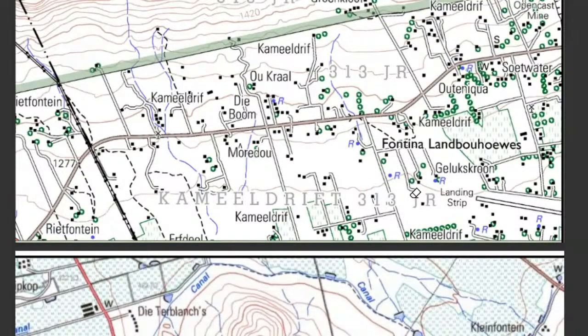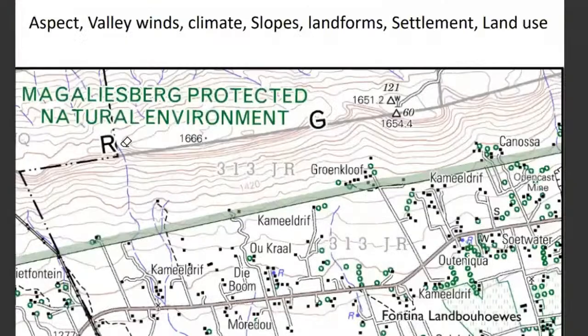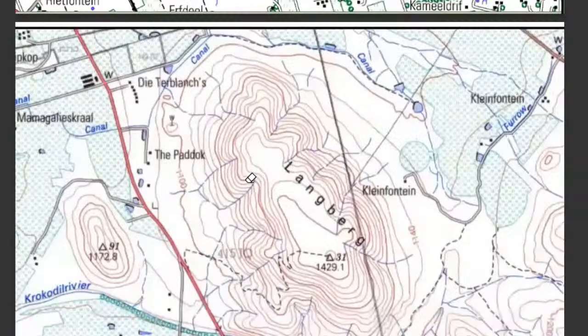When you look at this kind of map, and when you check somewhere here, you can see that the contour lines here are depicting that this part here is steeper than these other areas, which is basically a steeper slope here compared to what is happening on this other side. Okay, then here is a protected area, a natural protected environment that can be a game park, a game reserve, and so on and so forth. So you must be in position to interpret that.